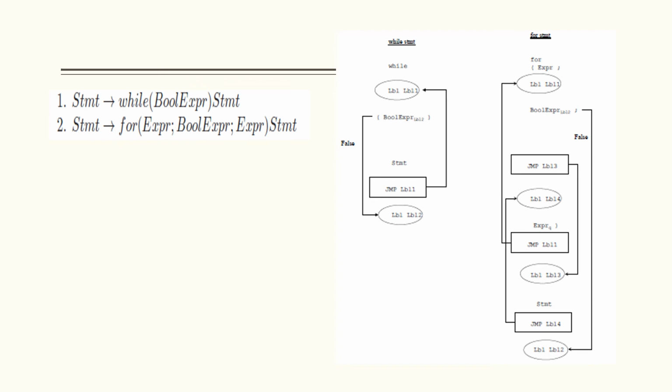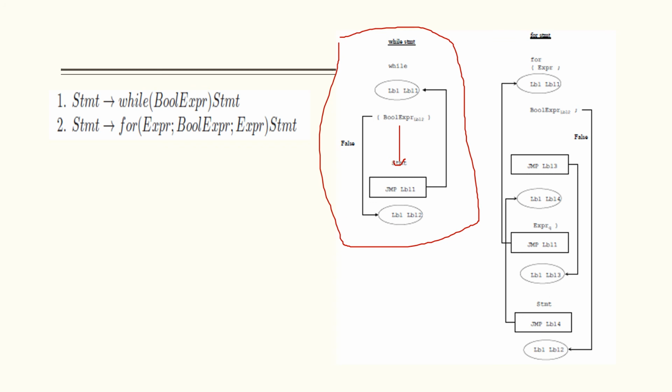If you look into this flow diagram, you start with while, you need to have a label first, then you run the Boolean expressions. If it's false, it goes to another label, and if it is true, you just go through the statement. Finish the statement and then you jump back to label 1 until it is false. If it's false, then you go to label 2.